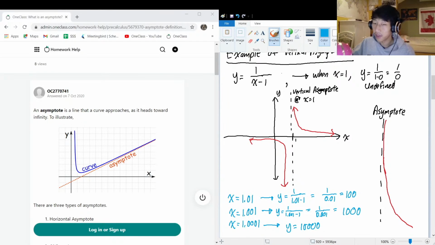So you see, the closer your x value gets to the asymptote, the further up y is going to be. So it's like they're always increasing towards there. We're never going to be quite able to reach x equals 1, because of the divide by 0.